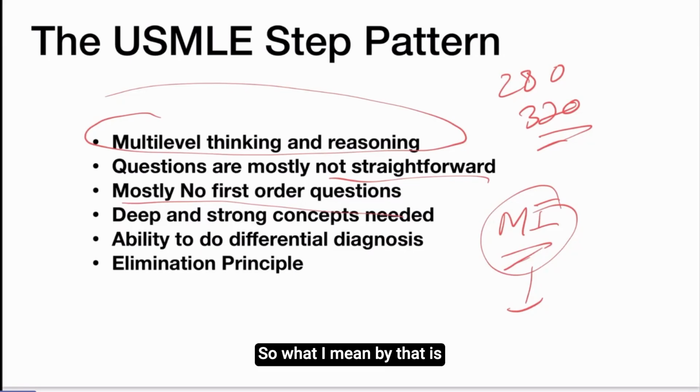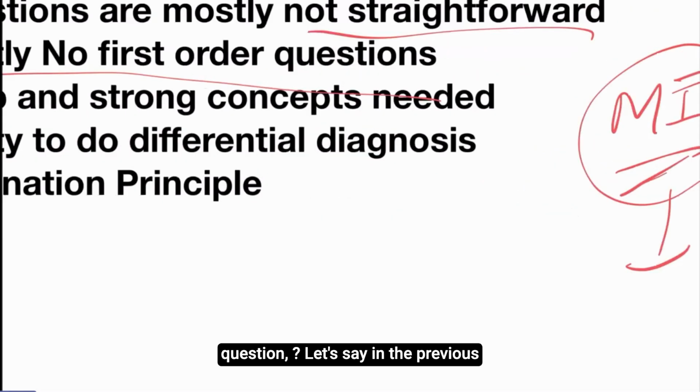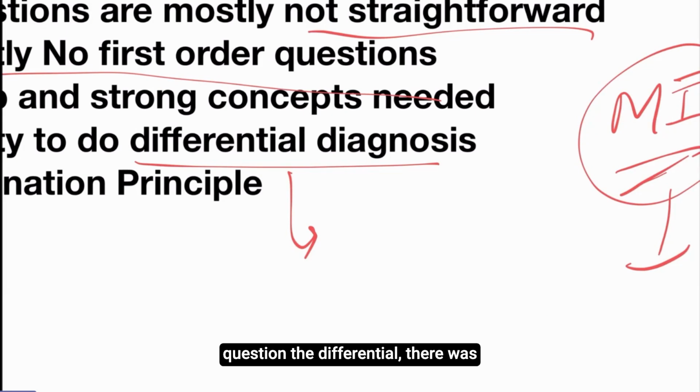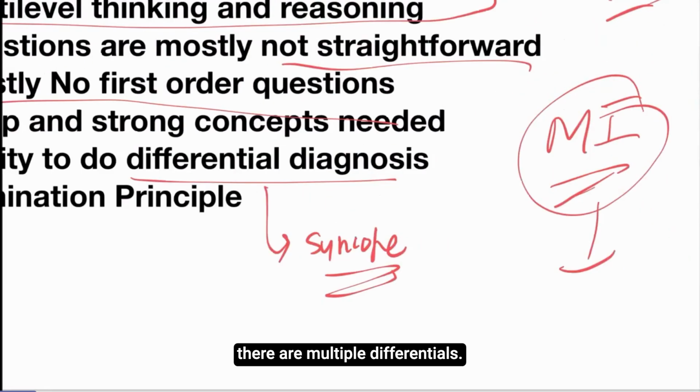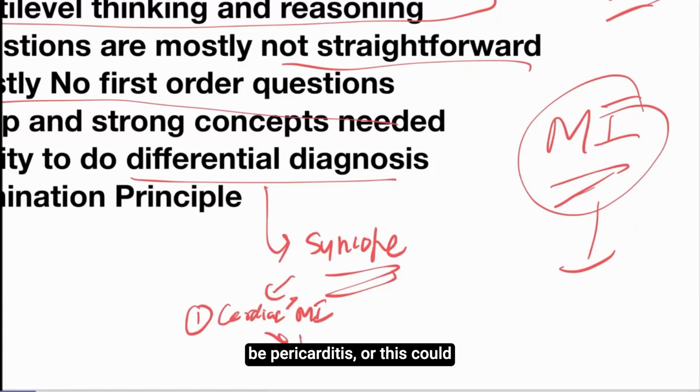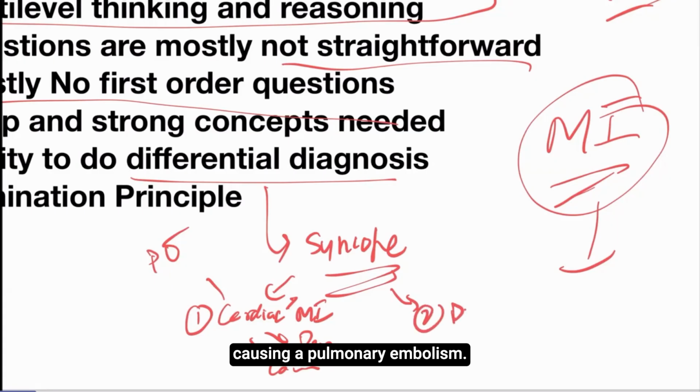What I mean by that is, whenever you're looking at a question, let's say in the previous question, the symptom was syncope. For syncope, there are multiple differentials. One differential is cardiac issues, which could be MI, pericarditis, cardiac tamponade, or pulmonary embolism causing the syncope. The other differentials could be, let's say, DVT causing a pulmonary embolism.